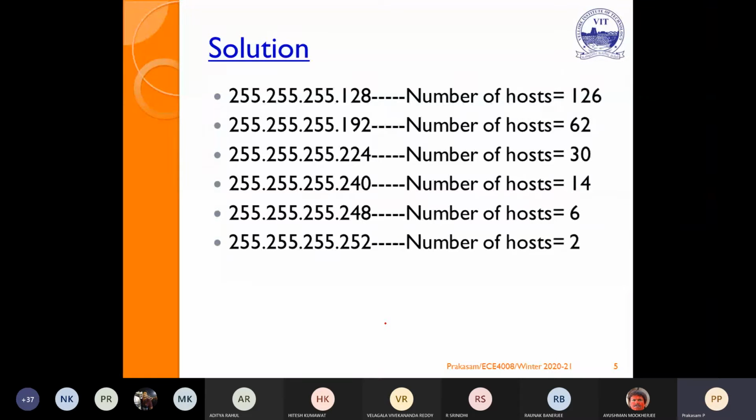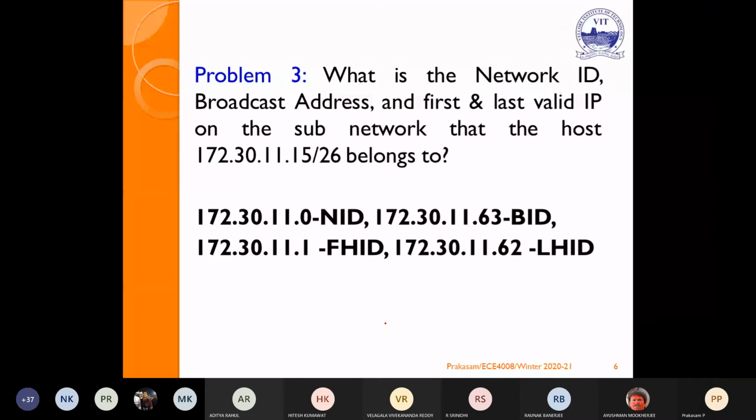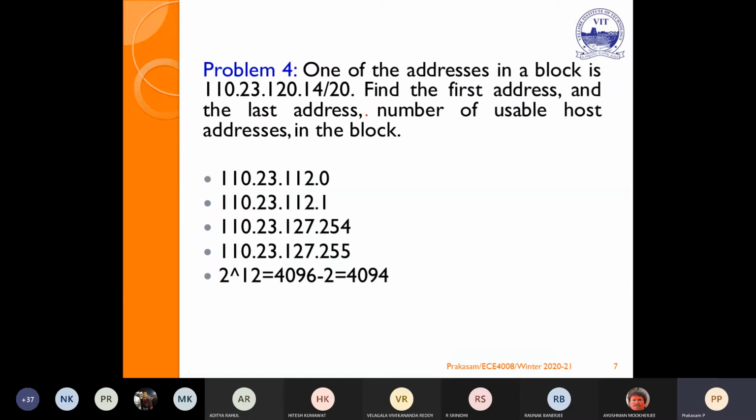So next we'll go to the next problem. I think this problem we have already seen, so I will skip this. I think this is also the same thing. First address means create the mask with 20 bits, do the AND operation. You will get the network ID plus 1, the first address.